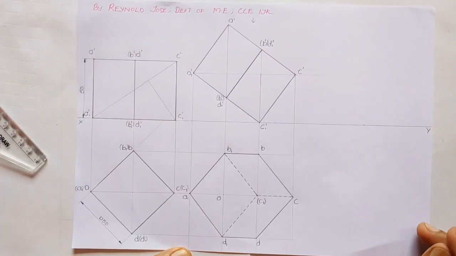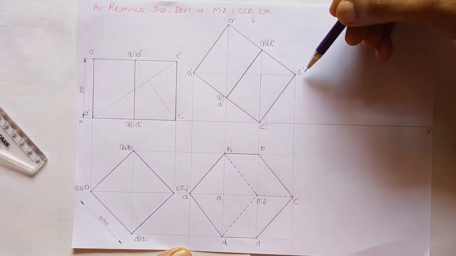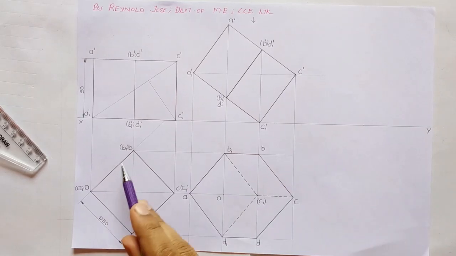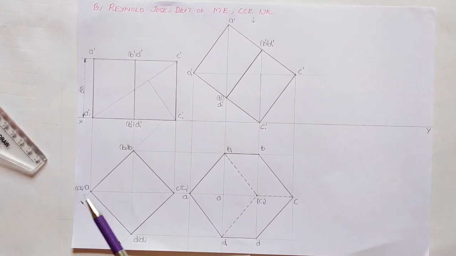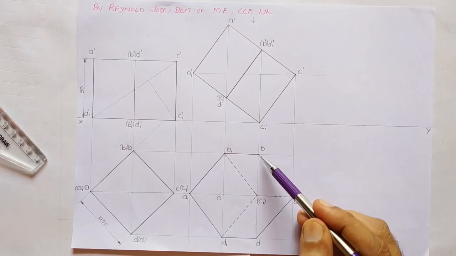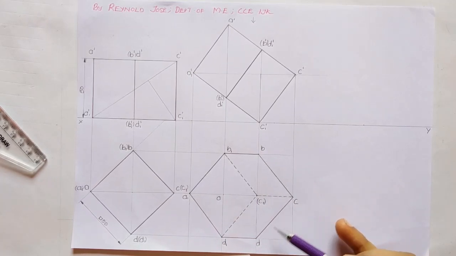After drawing the invisible edges, now let us draw the remaining edges of the solid. Along the top face, so this is the visible top face, we are having edges AB, BC, CD and DA. Out of them, how many edges we have drawn in this current top view? We have drawn BC and CD.